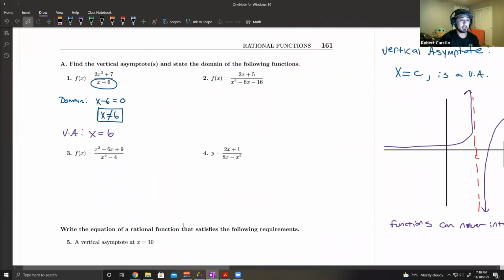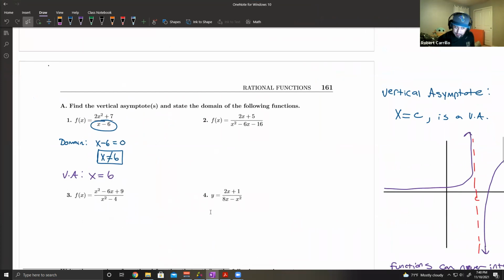All right. So now, to keep things really simple, all we're looking for are vertical asymptotes of these functions. So let's find their domain. If you have the domain, you have the vertical asymptote. So for number 2, let's find that domain. And that means you will take the denominator, x squared minus 6x minus 16, set it equal to 0.